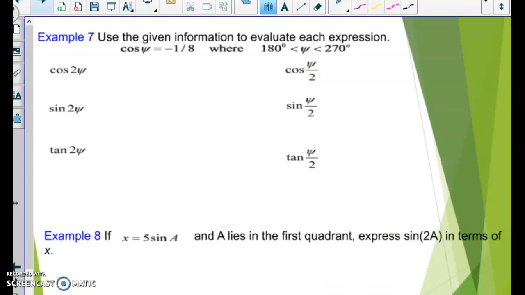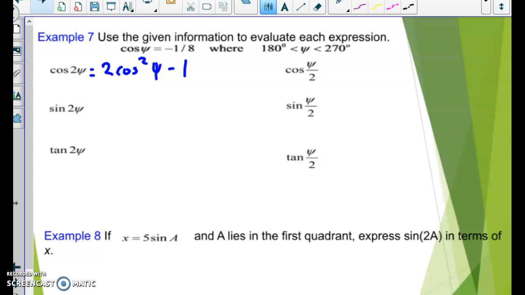So if I want to find the cosine of 2, gosh darn it, there's another thing that I don't know, one of those Greek things. So I'm going to look at my formulas and I'm going to change it into 2 times the cosine squared of whatever this shape is, a fancy y-looking thing, minus 1.